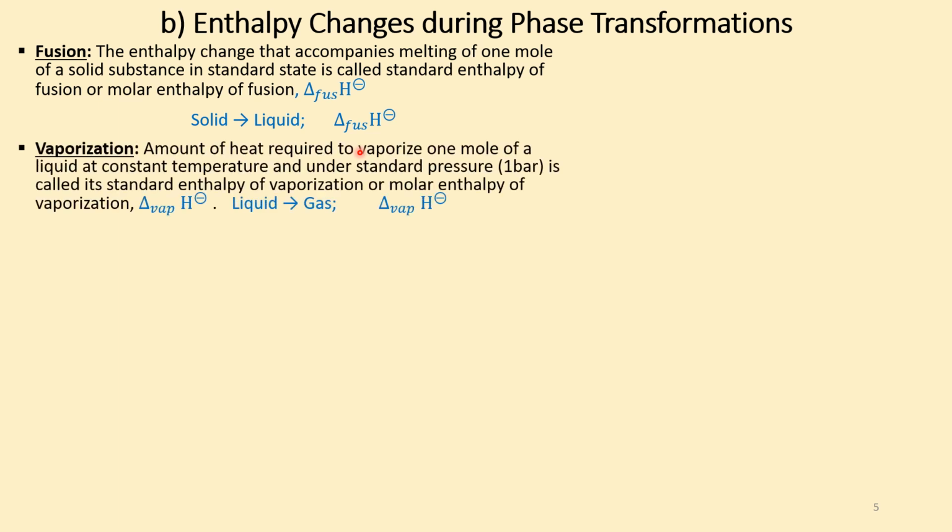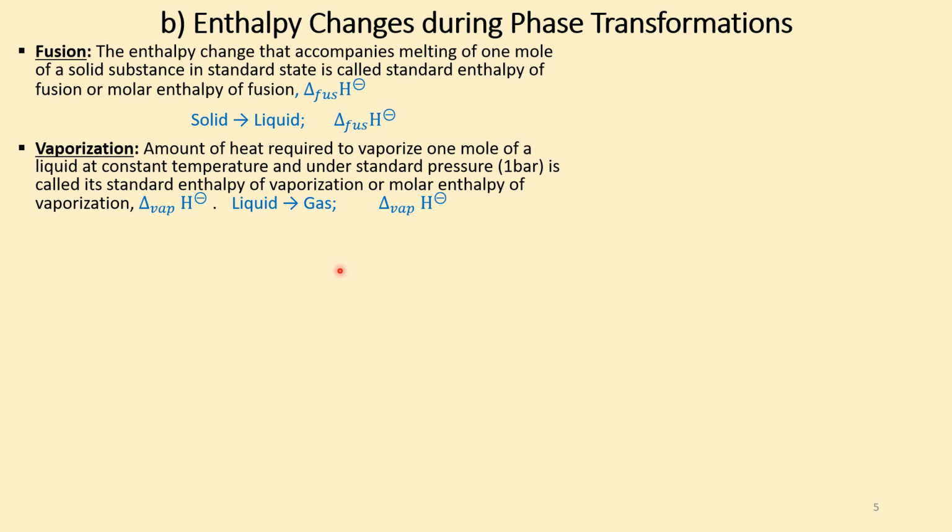Vaporization. The amount of heat required to vaporize 1 mole of a liquid at constant temperature and under standard pressure 1 bar is called standard enthalpy of vaporization or molar enthalpy of vaporization.